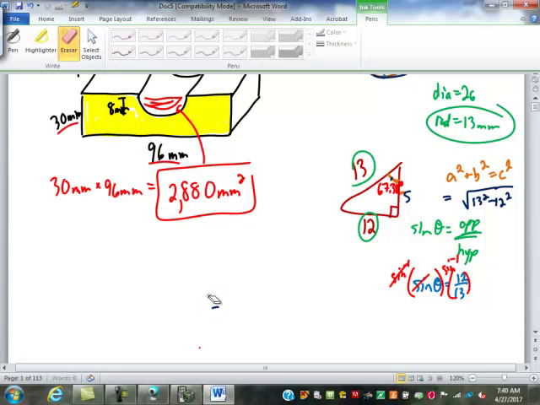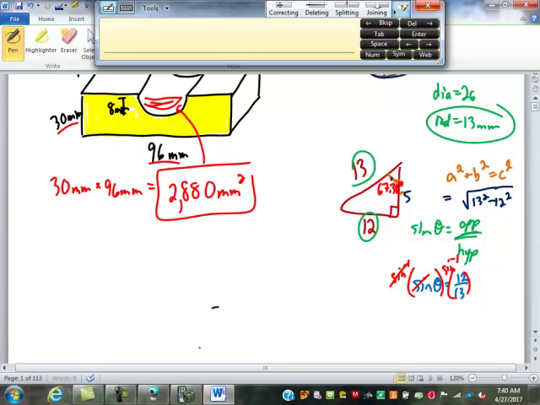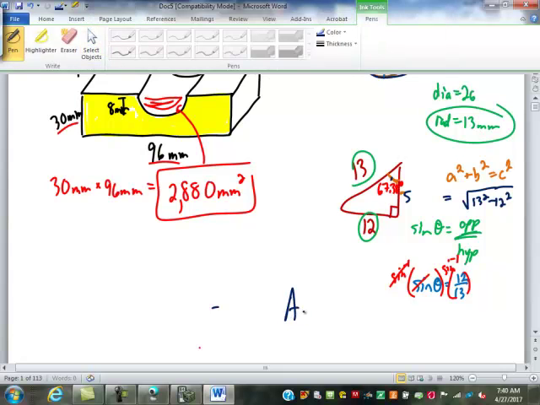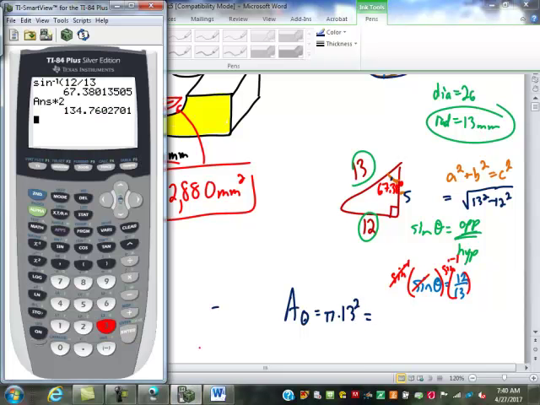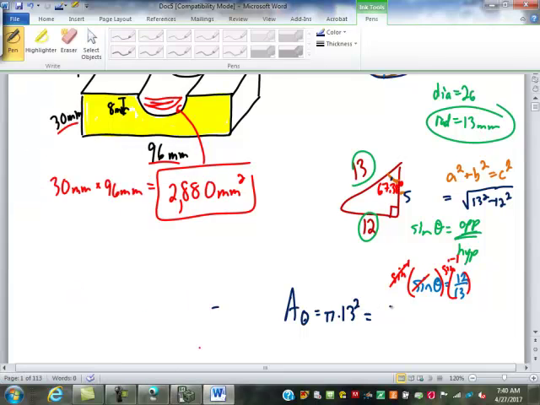The area of the whole circle is pi times 13 squared. 3.14 times 13 squared. 530.66.